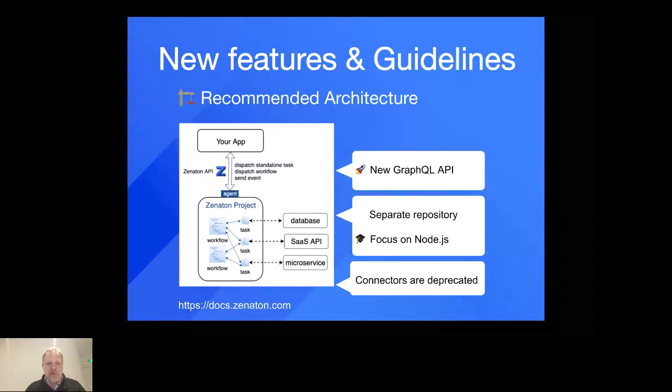As soon as we realized that, we decided to release this new GraphQL API. This API will currently allow you to dispatch tasks, workflows, or events from any programming language to Zenaton. This is only the beginning of this API.